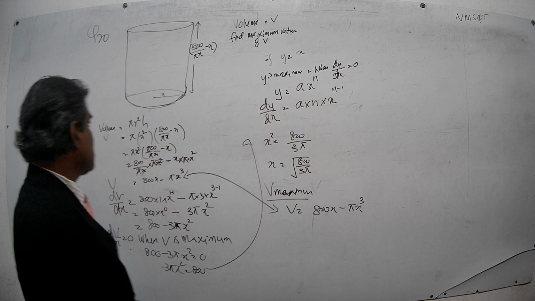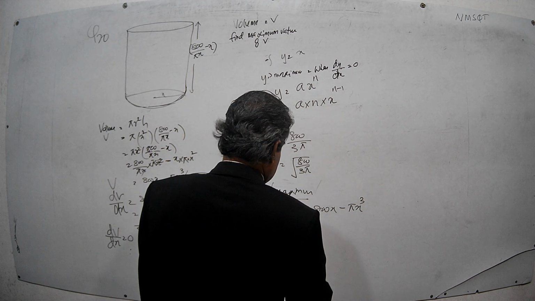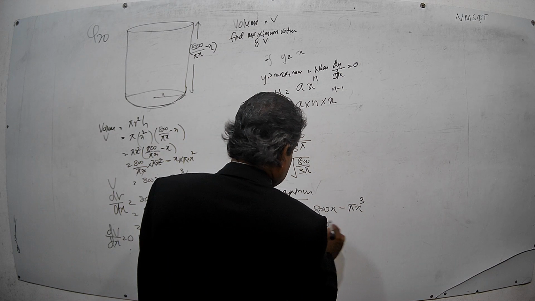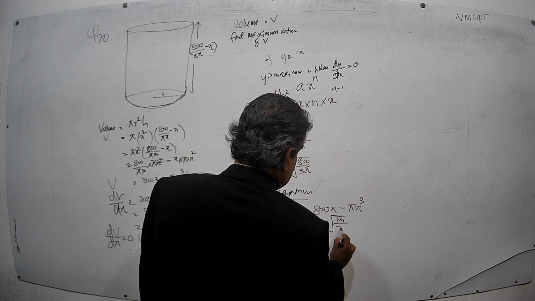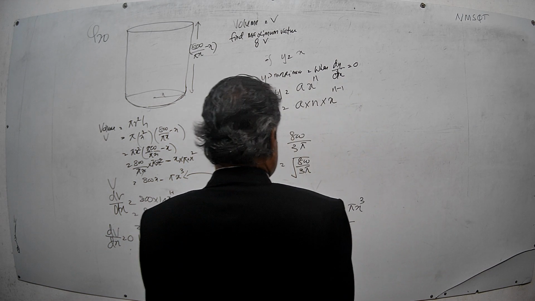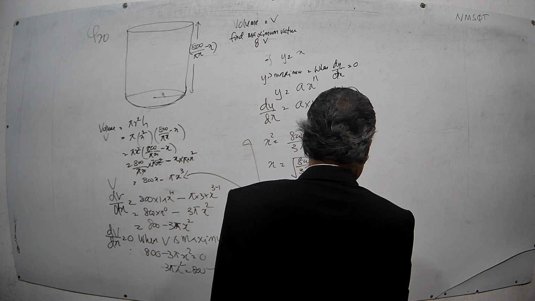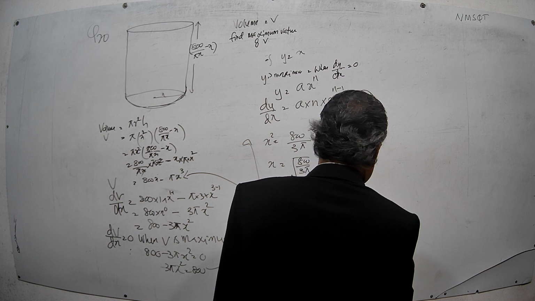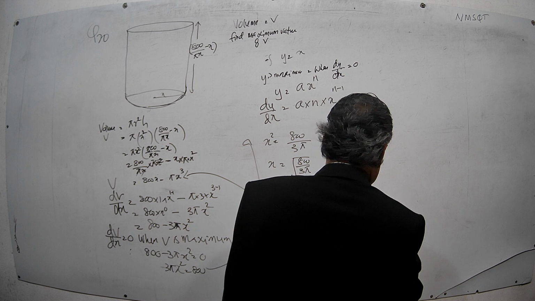To this you substitute that x value here: 800 times square root of 800 over 3 pi, then minus pi times 800 over 3 pi to the power 3 over 2.